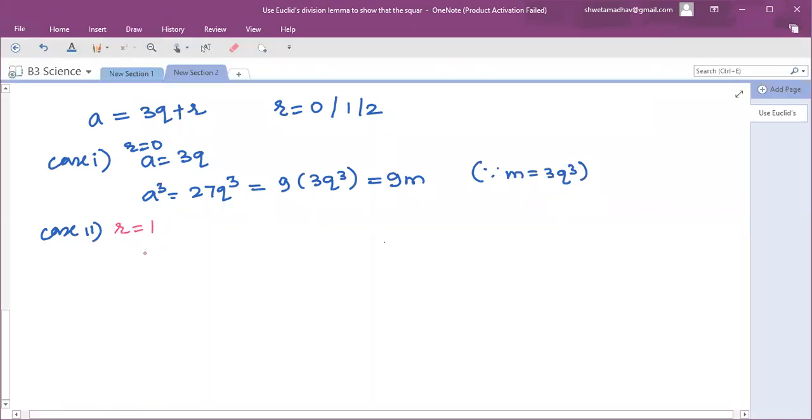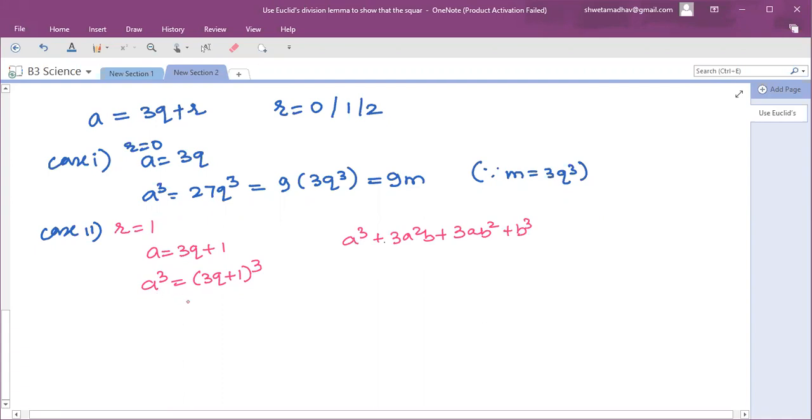When r is equal to 1, a is equal to 3q plus 1. Next you have to write a cube, so 3q plus 1 whole cube. What is the formula for binomial cube? Ma'am, a cube plus 3a square b plus 3ab square plus b cube. I'm writing b cube at the end because b cube will be our constant term.